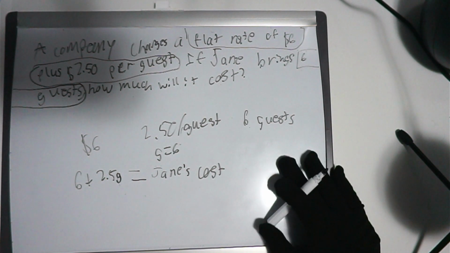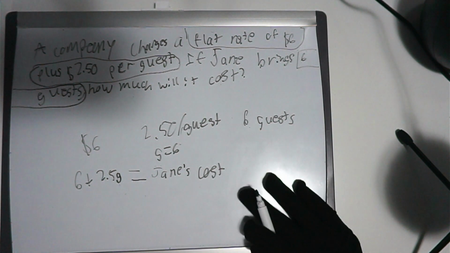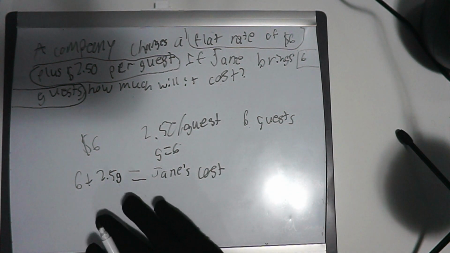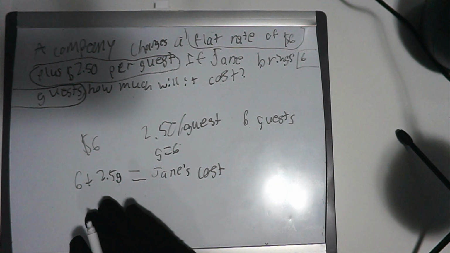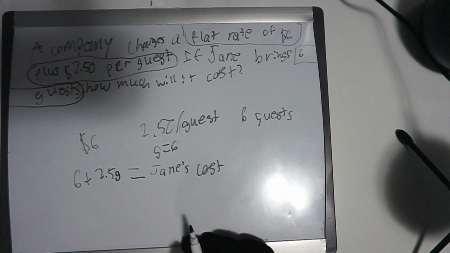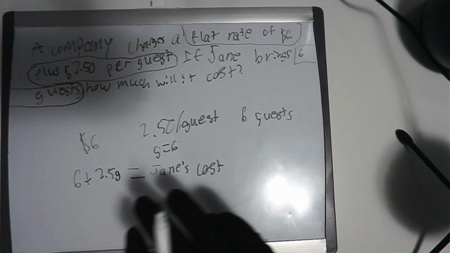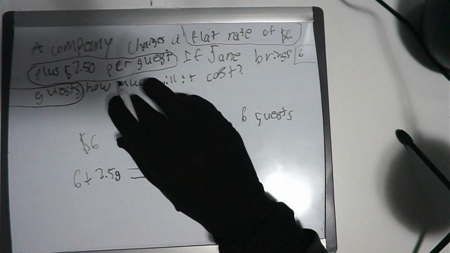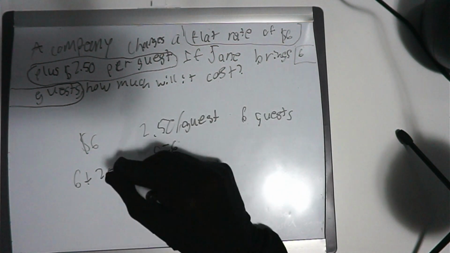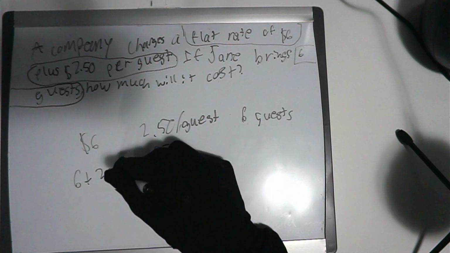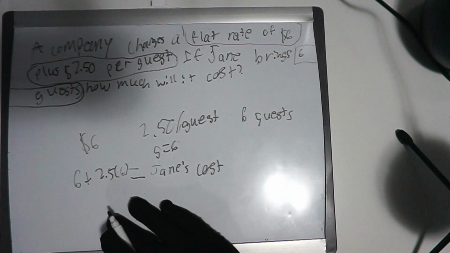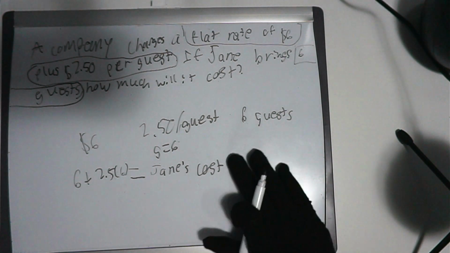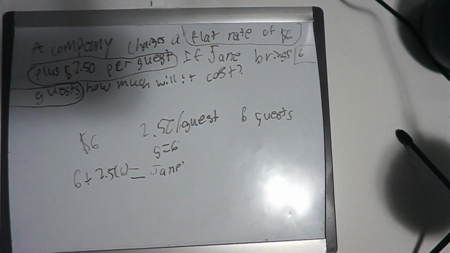So say for example, we knew how much it cost Jane and what the flat rate was, and what the increment rate was. So we obviously know right here that this is just a simple equation. 6 plus 2.5 times 6 equals how much it'll cost Jane in dollars. So if we erase that, let me just get an actual eraser.